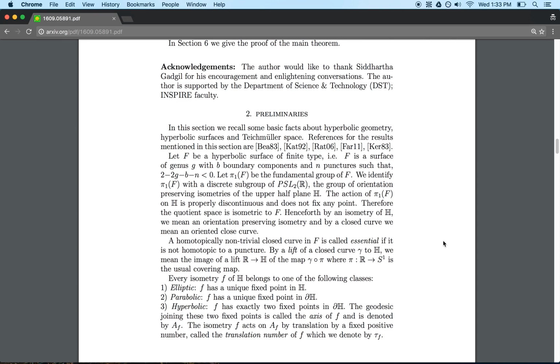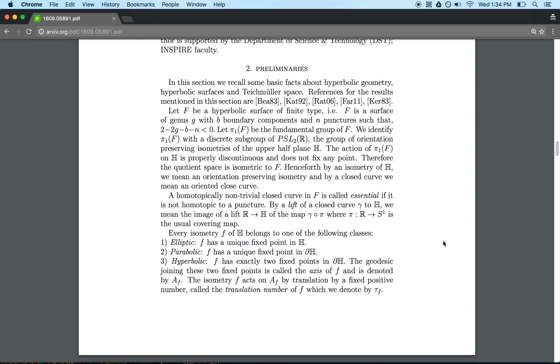Therefore, the quotient space is isometric to F. Henceforth, by an isometry of H, we mean an orientation preserving isometry, and by a closed curve, we mean an oriented closed curve.